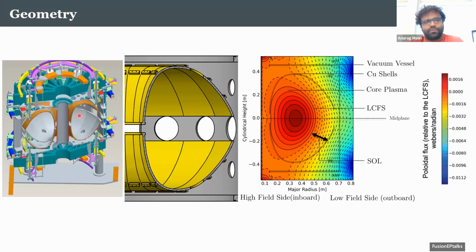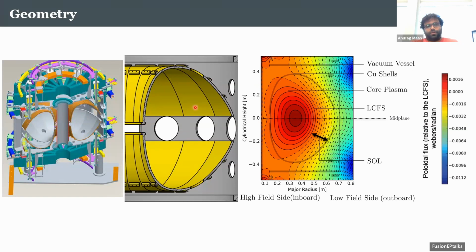The specialty of the machine is inside the vacuum vessel. There are these copper shells that are conforming to the shape of the plasma. And on the inside of the copper shell, a stainless steel liner of about half a centimeter thick is explosively bonded.